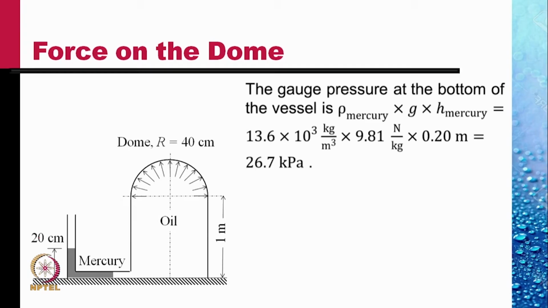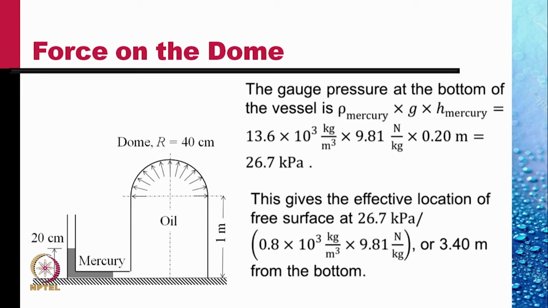This pressure of 26.7 kilopascal would mean that the pressure in the oil on the dome, inside the dome, is higher than the atmospheric pressure. Let's find out what is the height of oil that will result in this pressure of 26.7 kilopascal gauge at the bottom of the tank.